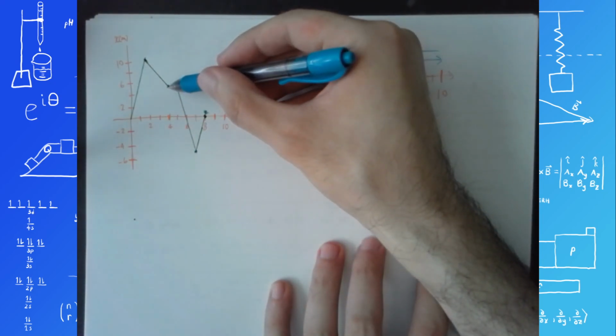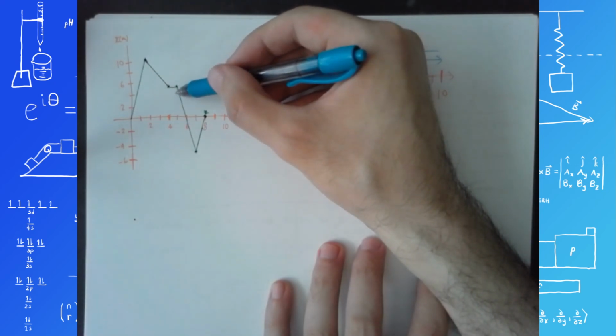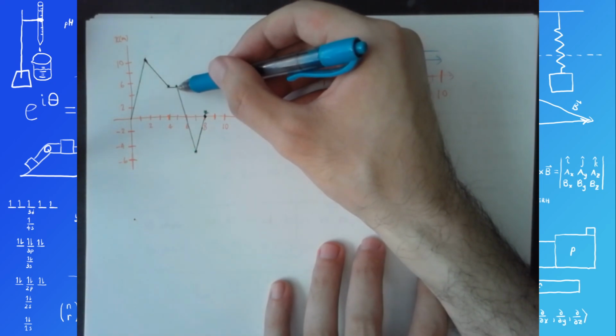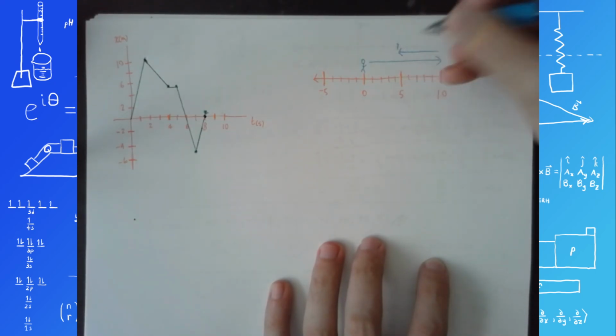Then it looks like they stay at 5 for 1 second. I'll just write a squiggle.